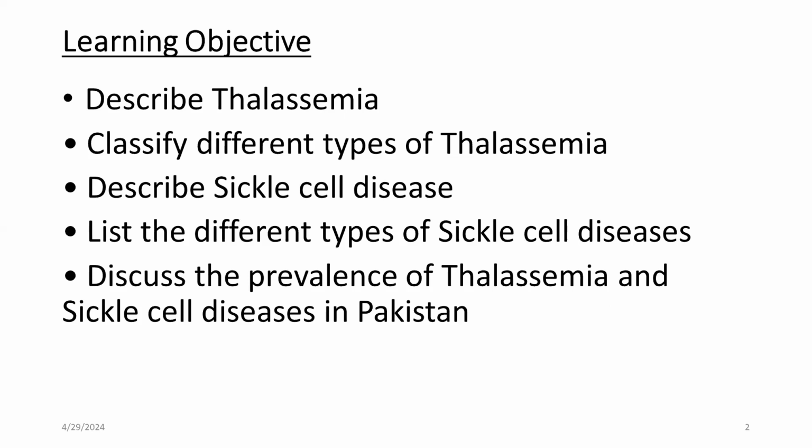So we have certain criteria for learning objectives. Of course, we should know the definition of thalassemia and sickle cell disease. What are they? We should also know the different types of thalassemia and sickle cell disease, and their prevalence.